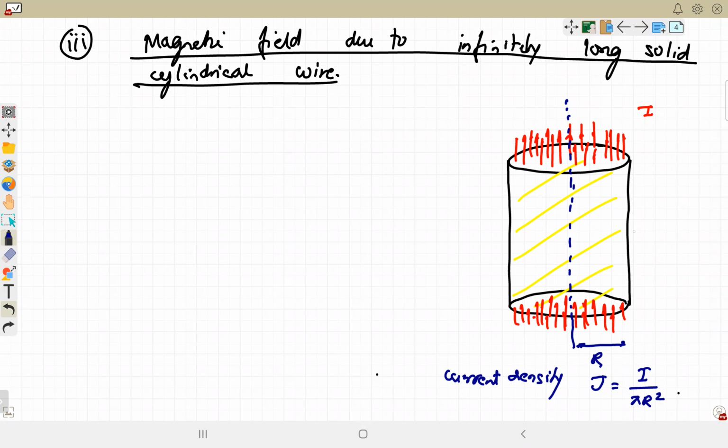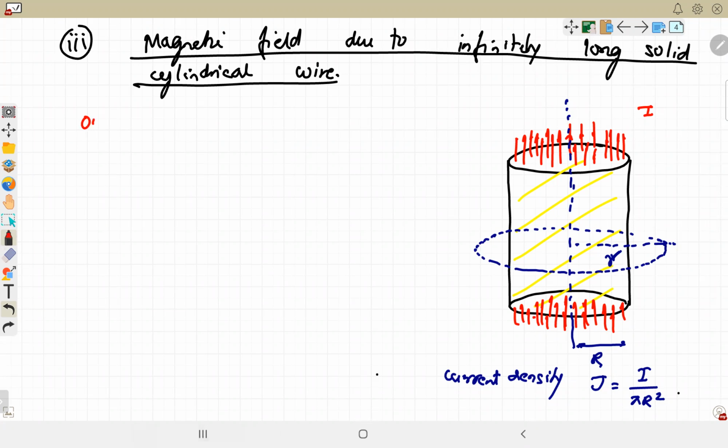Now if a point lies outside, the symmetry is circular only, so we can choose a loop again, exactly a similar type of loop and similar calculation.